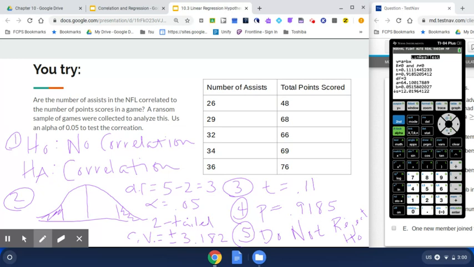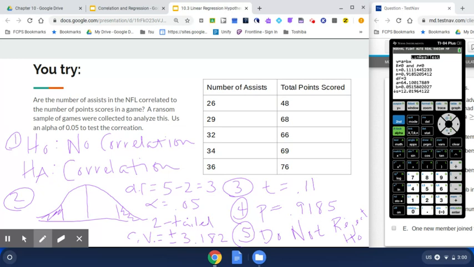Plug those values into the calculator: stat edit, number of assists went into list 1, and total points scored in list 2. I went to Stat, over to Tests, and selected the LinRegTTest. Same settings as the last, list 1 for X, list 2 for Y, frequency of 1, the not equal to case, and calculate.